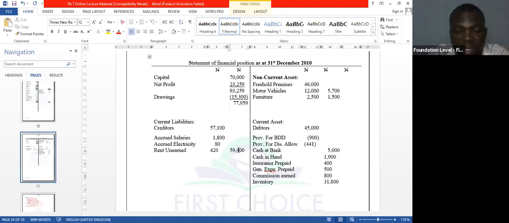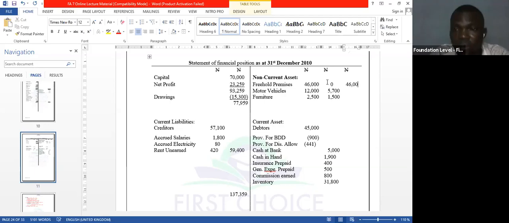So the total figure is 137,359. Now that we have that, we go to the left hand side, the non-current assets and the depreciation rate.